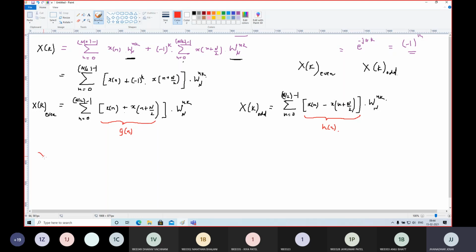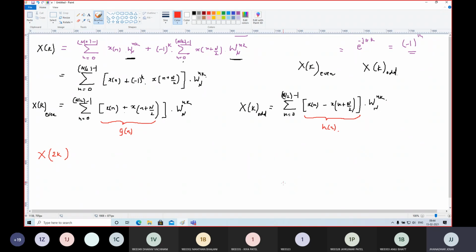But before that, can you tell me what should I write inside this bracket, capital X of bracket, to represent even numbers of k? Yes, it is 2k. And you know the reason, right?